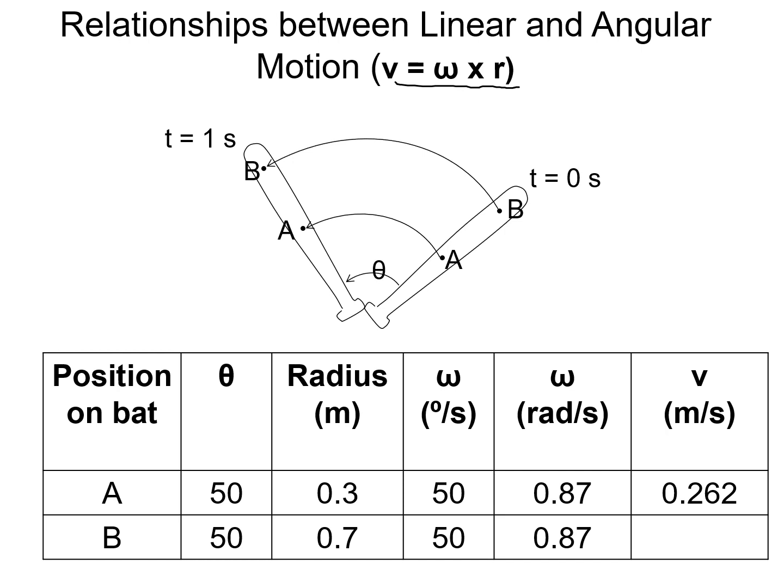But if we multiply this by the greater radius, 0.7, we're going to have a greater linear velocity of that ball, 0.611 meters per second. So the magnitude of the radius of rotation is just as important as angular velocity when trying to convert to linear velocity.